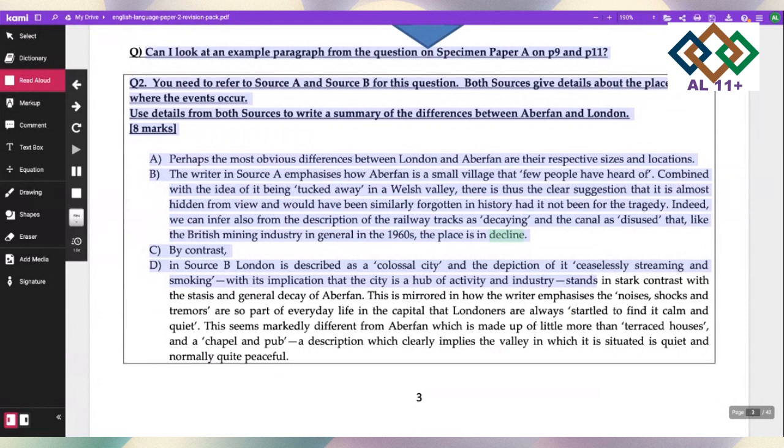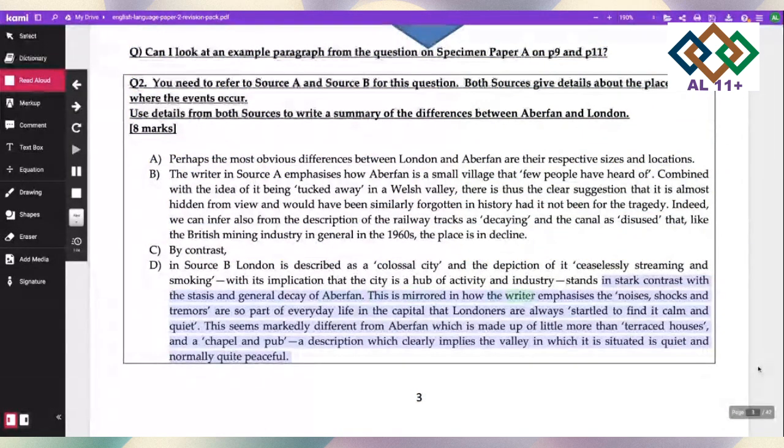By contrast, in source B, London is described as a colossal city, and the depiction of it as ceaselessly streaming and smoking, with its implication that the city is a hub of activity and industry, stands in stark contrast with the stasis and general decay of Aberfan.